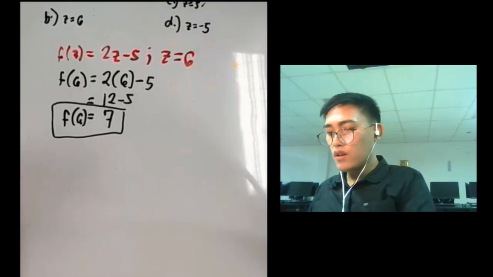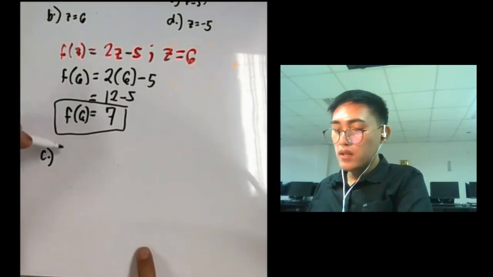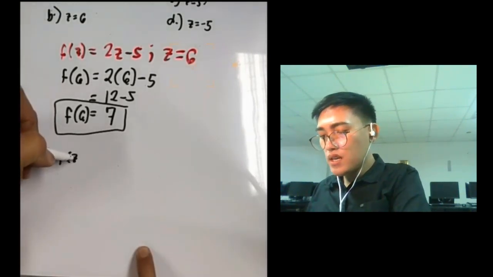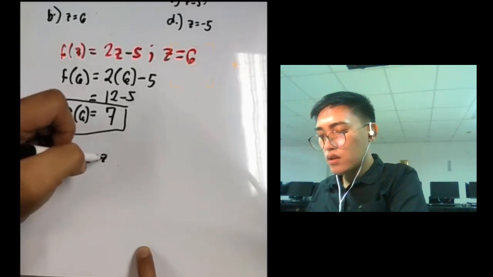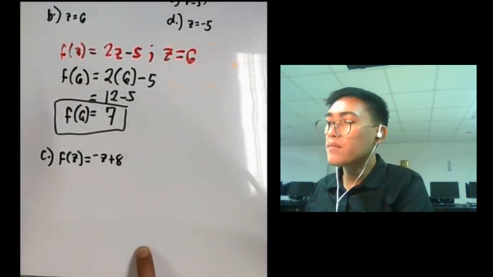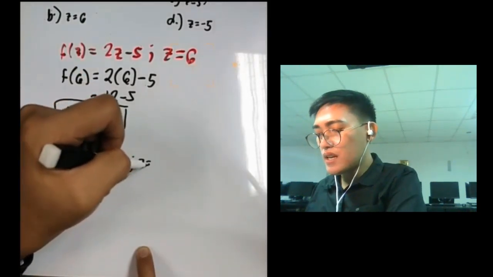Let's go for letter C. F of z equals negative z plus 8 if z is equal to 5.